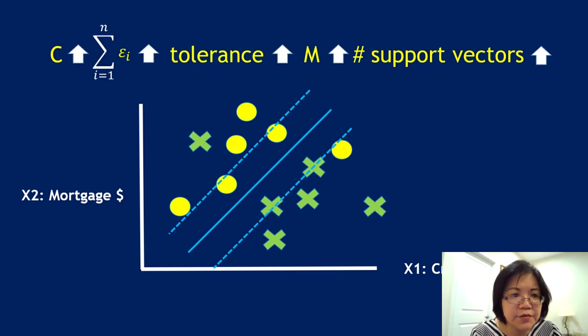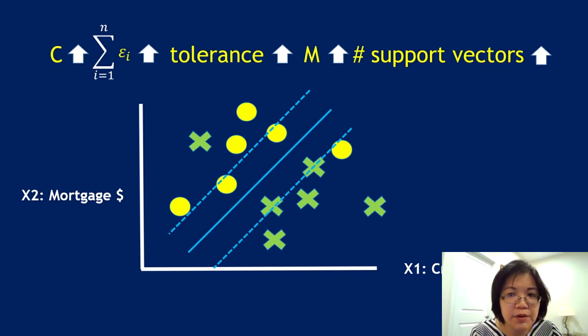So let's look at the behavior of C. When C goes up, which means we're more tolerant of errors, misclassifications, and margin violations, we're allowing a lot of slack. So the sum of epsilons will go up. And because we are more tolerant, we actually get wider margins.